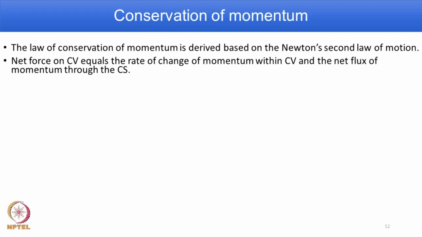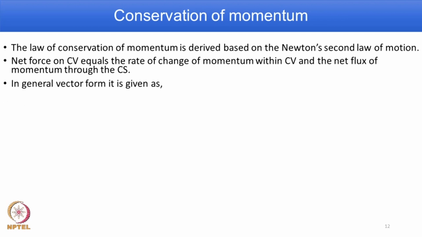You account for both of them, then you finally get the conservation of momentum equation. It is stated as: net force on the control volume equals rate of change of momentum within the control volume and net flux crossing the control volume.